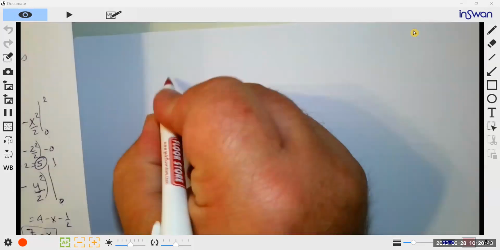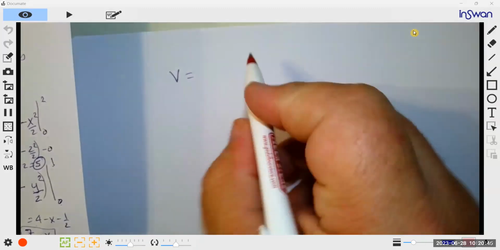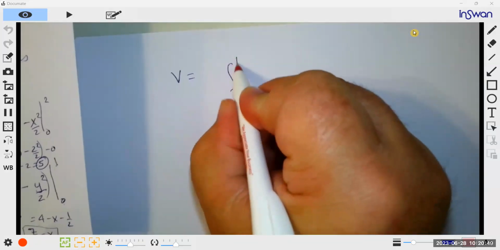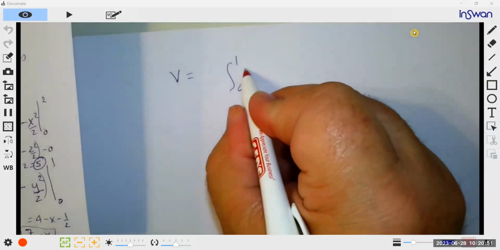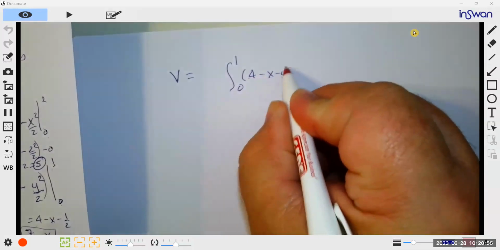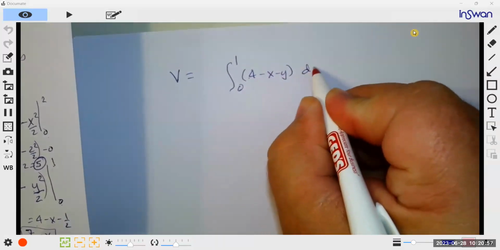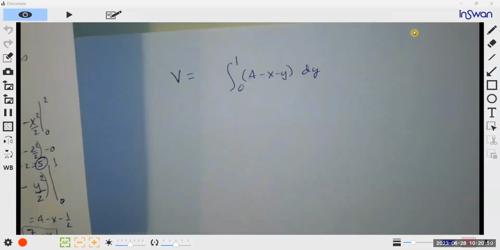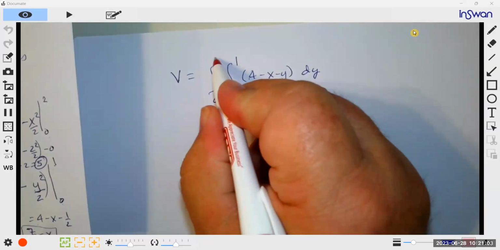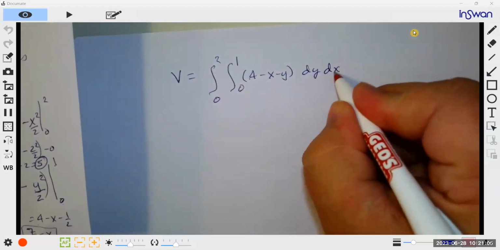What that would look like if we put them both together: we first did from 0 to 1 the area of the curve, dy. And then the second integral, we went from 0 to 2, with respect to x.